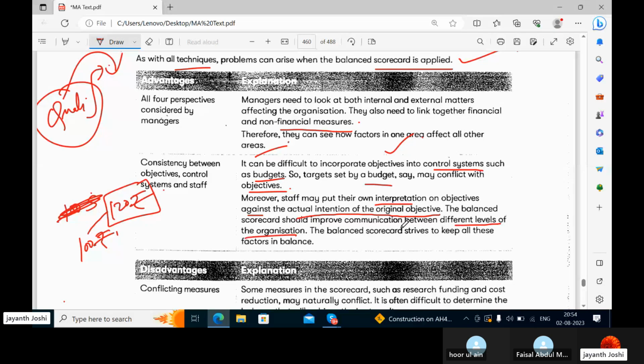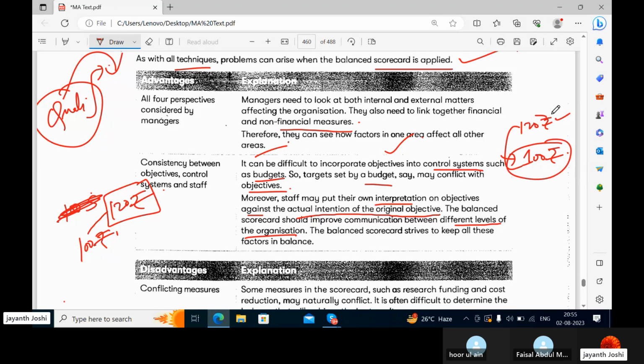And see, staff may put their own interpretation on objectives. Yeah, I have set a goal that I want to buy something for 100 rupees. Okay, that is my goal, being a staff. But actually, if I spend 120, it's going to be even better. So I need to balance there. I cannot compromise on quality and pay less price for something and buy something which is of less quality.